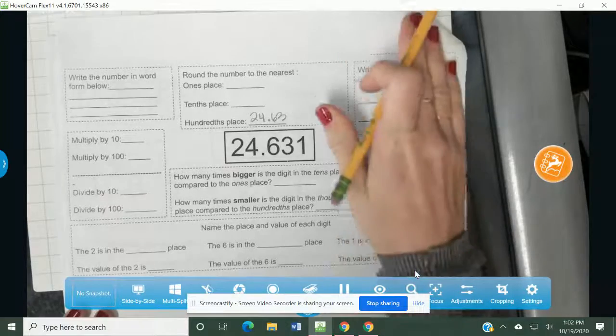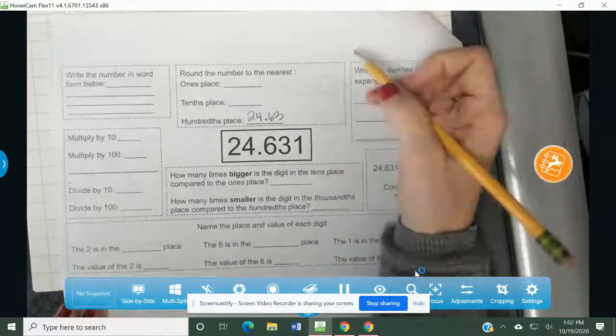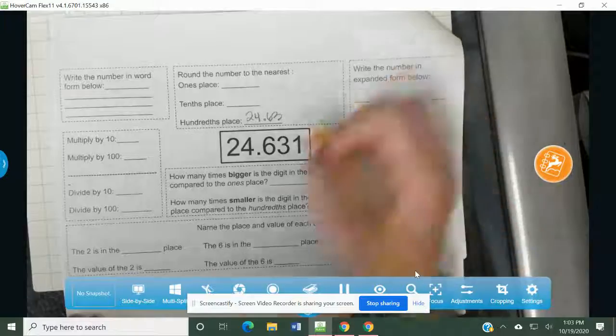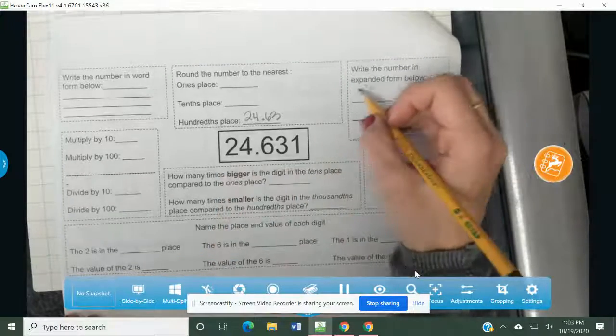Expanded form. I'm going to go ahead and go through this one again with you, just for this example. I'm going to start on the left, and I'm going to take the first digit, which is a 2.